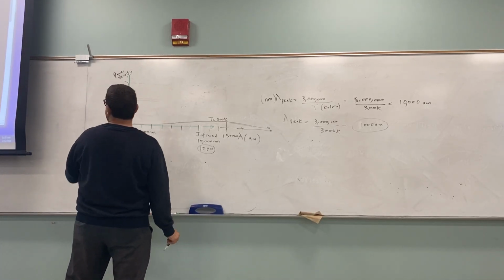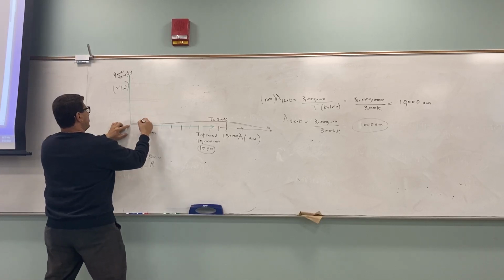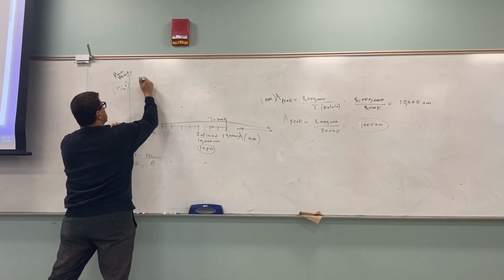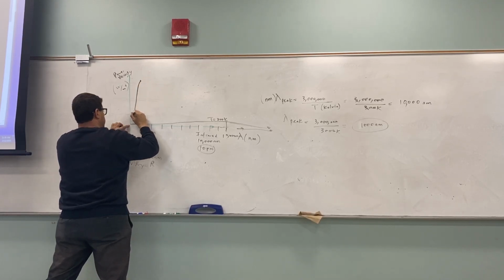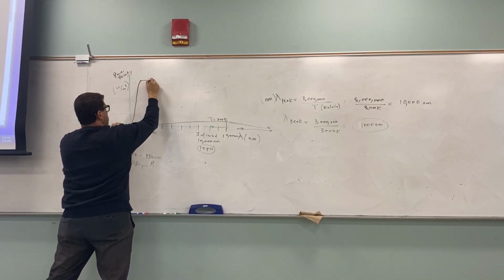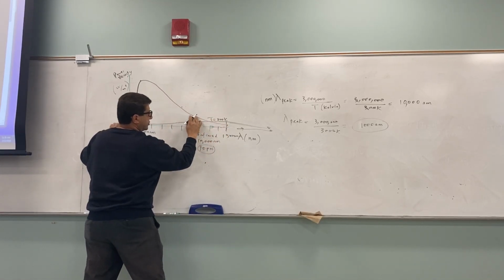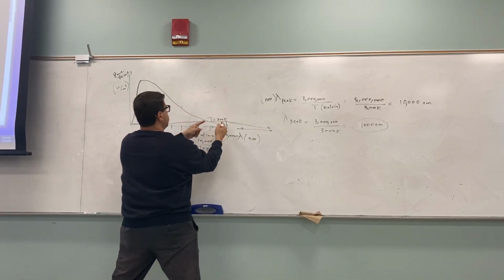So what does the curve of that star look like? It goes like this, but what other thing happens is that the curve goes up. It peaks here. It goes like this, and it never quite goes to zero, it asymptotically reaches zero. So you see what happened?